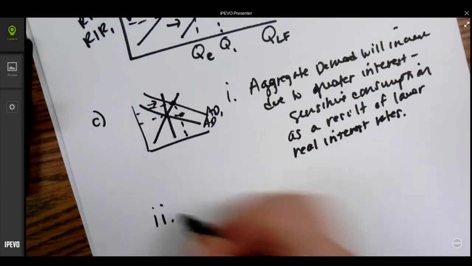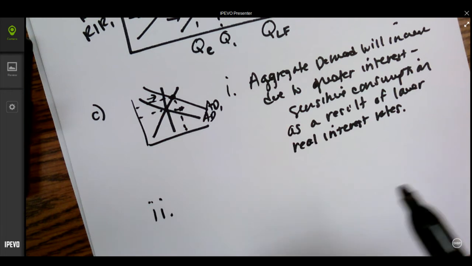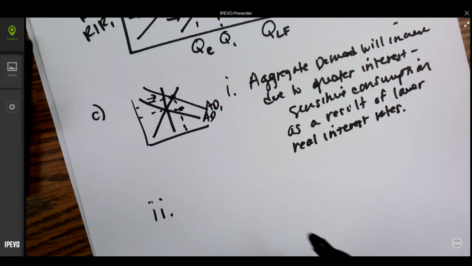Now for part two, I have to explain how this is going to impact the real gross domestic product in the long run. So bear with me here. If lower interest rates are going to cause more business investment, we can assume that that business investment is going to be in capital.